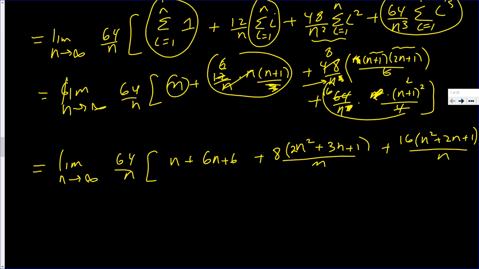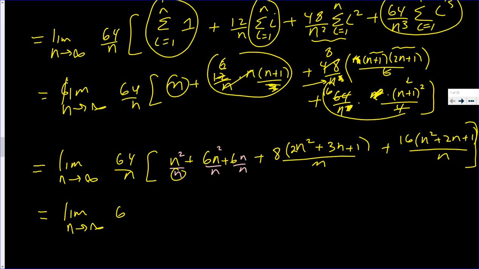Close the brackets. Now, it looks like the common denominator is n. So I'll multiply by n here and divide by n here, divide by n, divide by n. So everything is now over n. The limit as n goes to infinity of 64 over n, but I'll also factor out that other n.